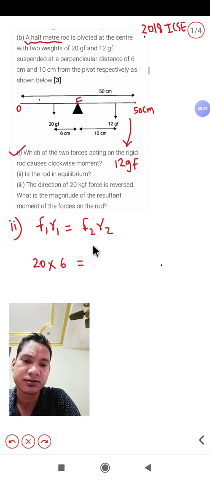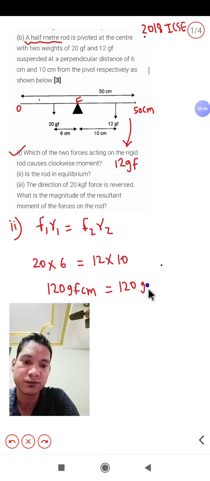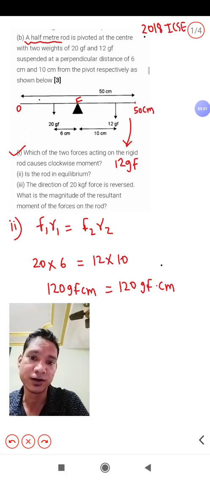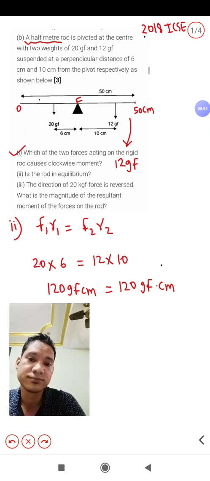On this side, F2, that is 12 gf multiplied by its distance, 10 centimeter. If you multiply these two numbers, we get 120 gram force into centimeter, and on the other side again we get 120 gram force into centimeter.